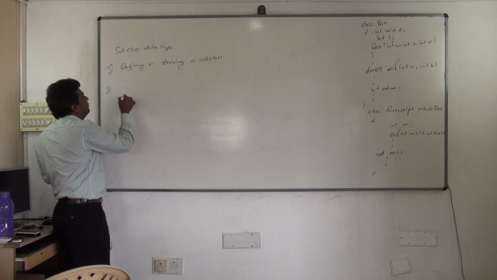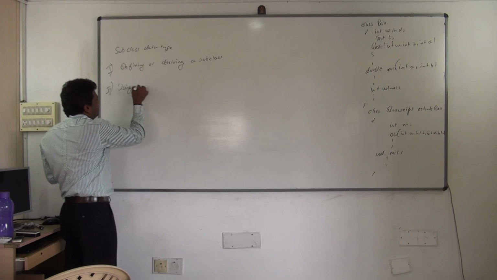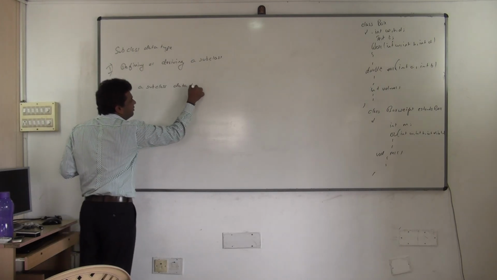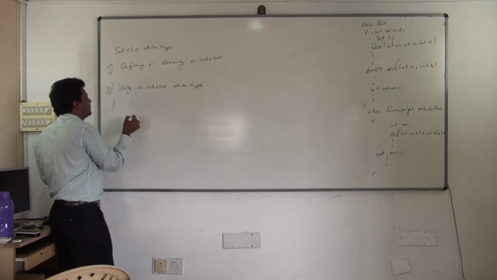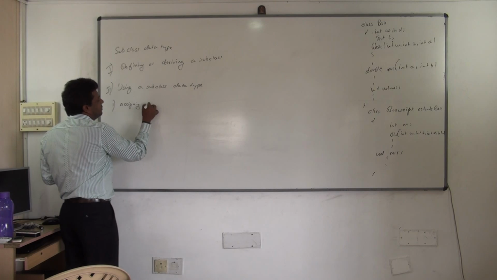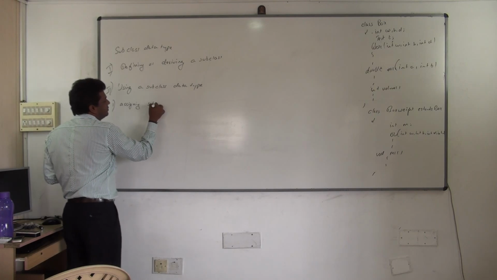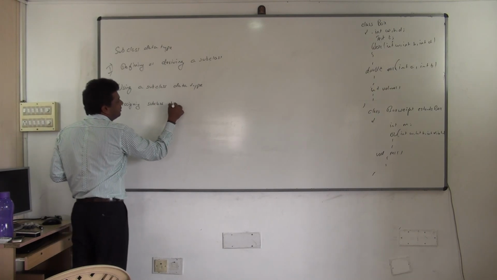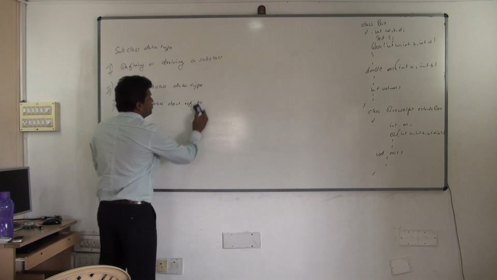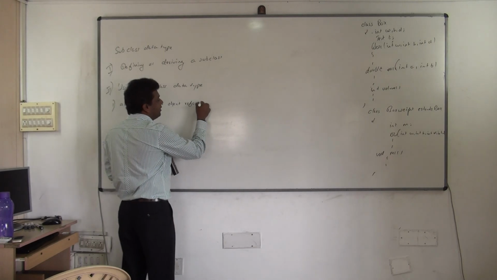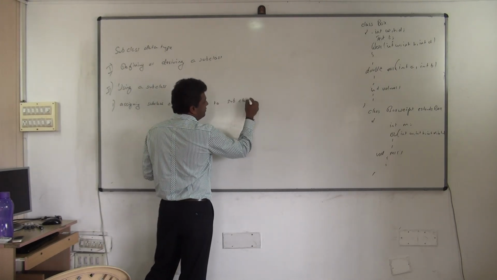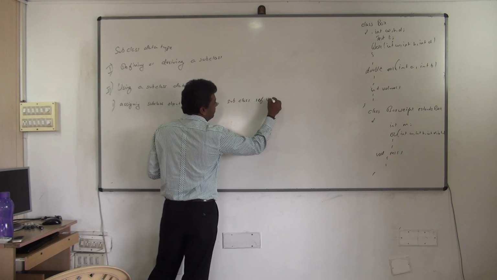Now second point, using a subclass data type. When you want to use a subclass data type, let's see what all we have covered till now. We'll shortlist. One is assigning a subclass object reference to a subclass variable type. Same type, reference variable type.